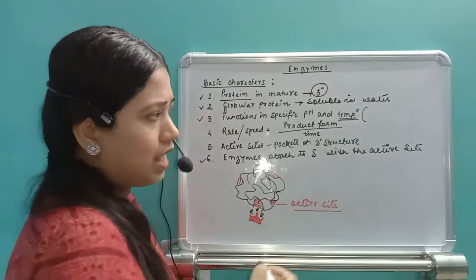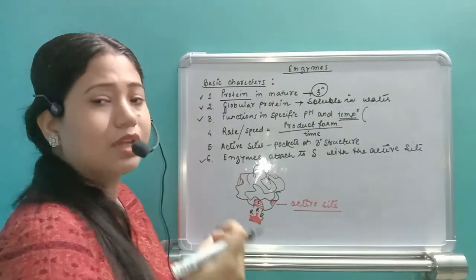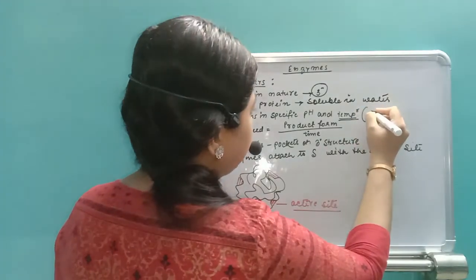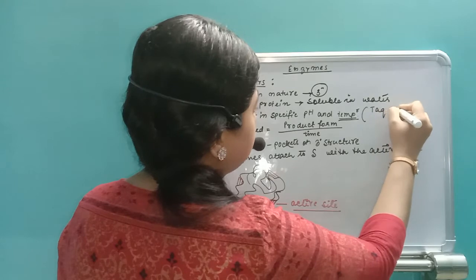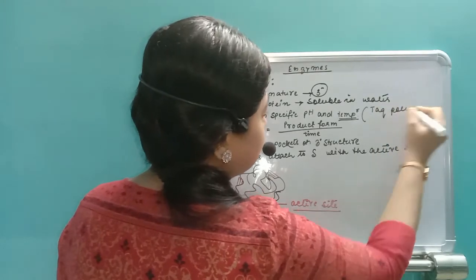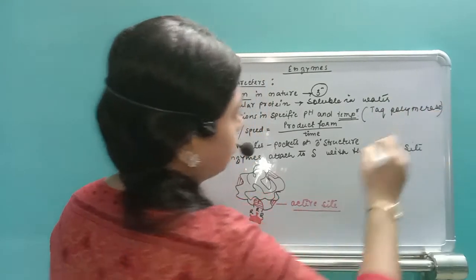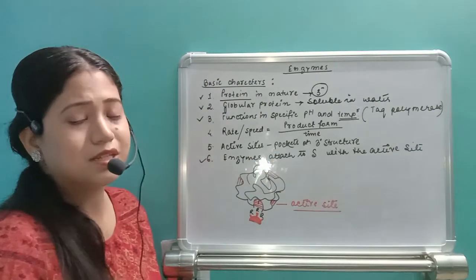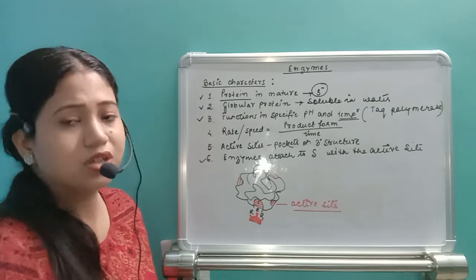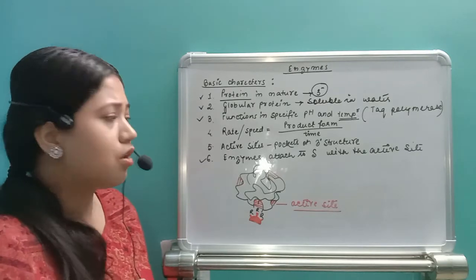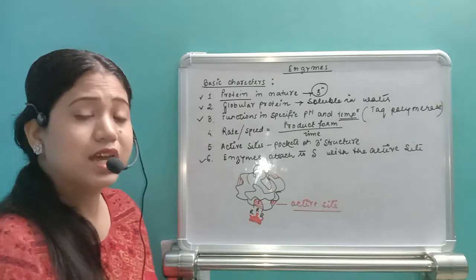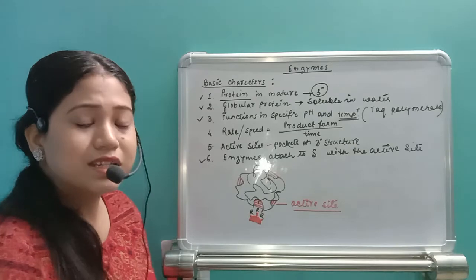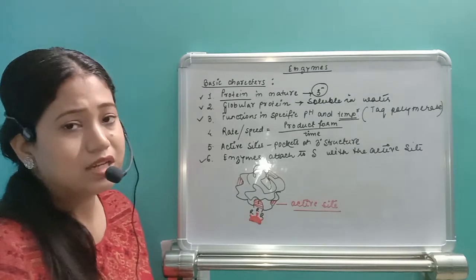One example is that an enzyme can work at a very high temperature also. Suppose one example is Taq polymerase. You will study Taq polymerase in the second year, in a biotechnological procedure called PCR, polymerase chain reaction. In the polymerase chain reaction, we require one enzyme, Taq polymerase or DNA polymerase, which can be active up to 90-92 degrees Celsius.